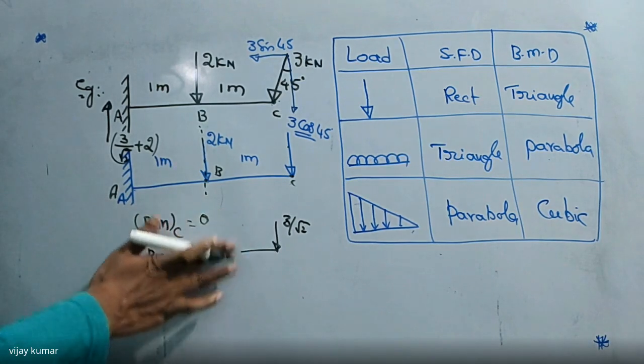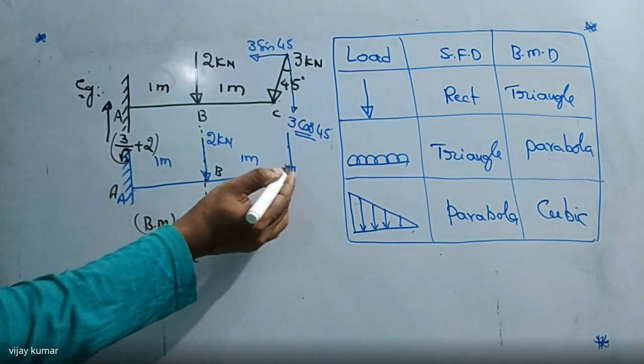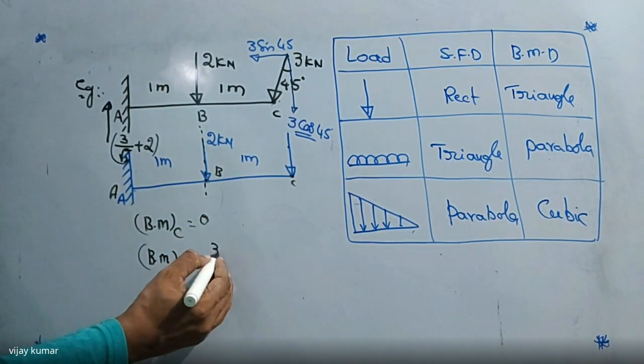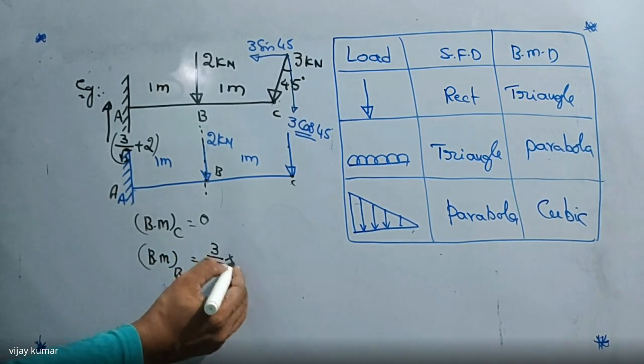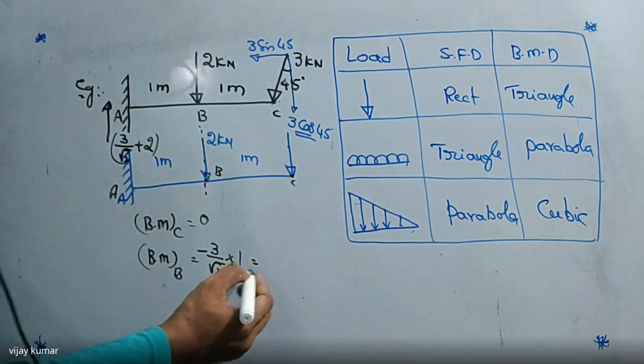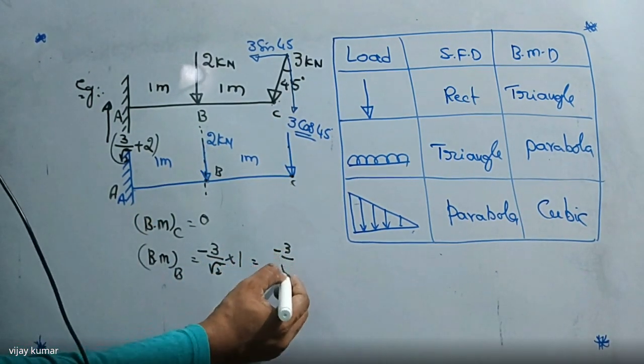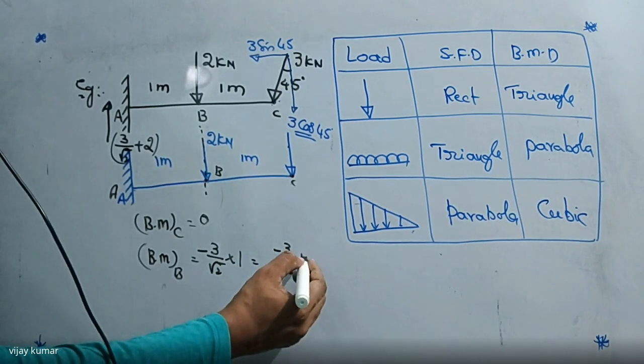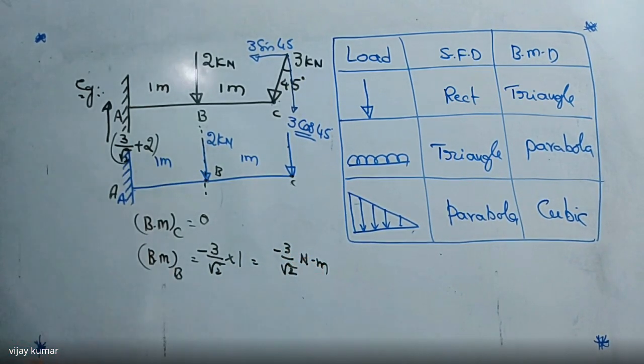So the moment of this force is nothing but 3 by root 2 into 1, which is negative. Why? Because this force is moving in downward direction. So this is the value of minus 3 by root 2 kilonewton meter.